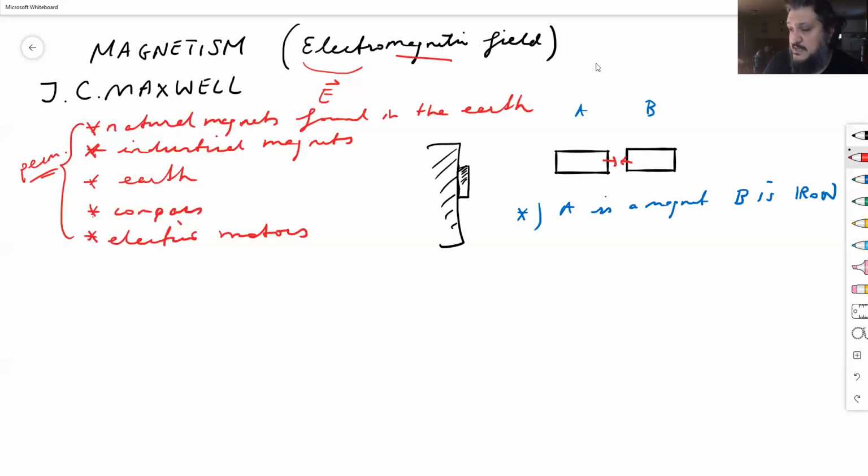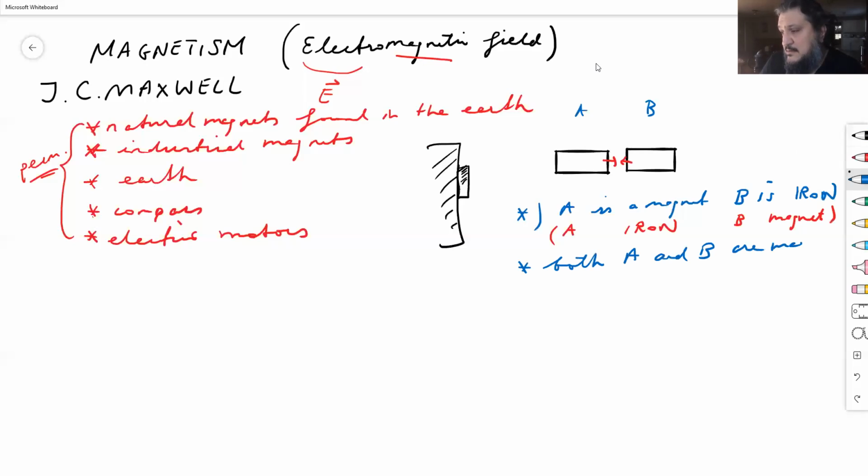Or vice versa. How about A is the magnetic material, iron, and B is the actual magnet. Okay, you wouldn't be able to tell actually. That's one possibility. Possibility number two, they're both magnets. Both A and B are magnets.